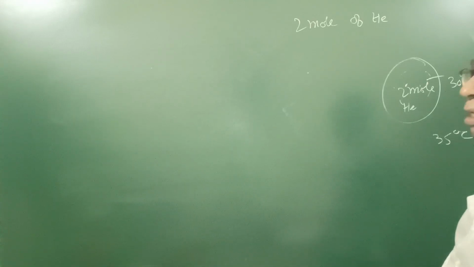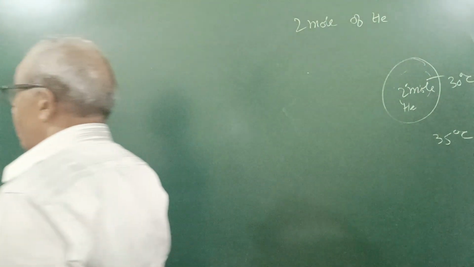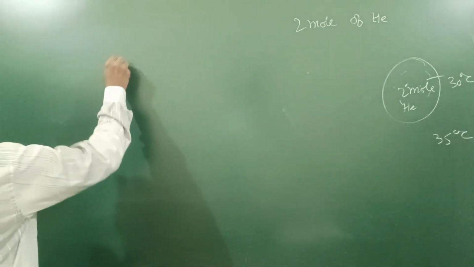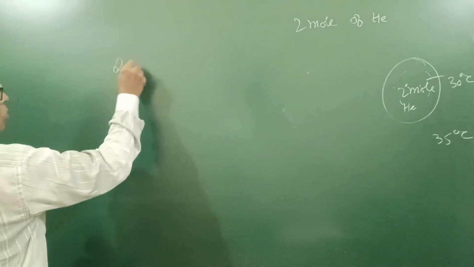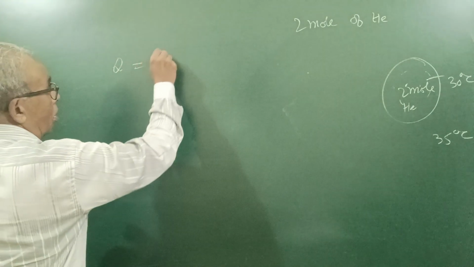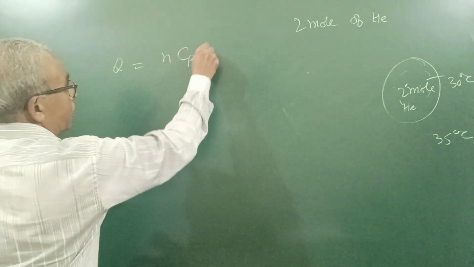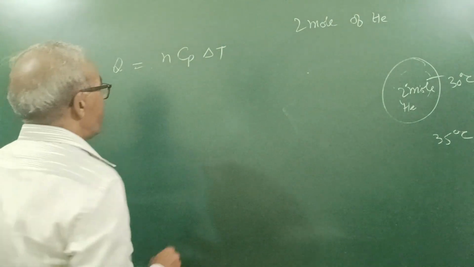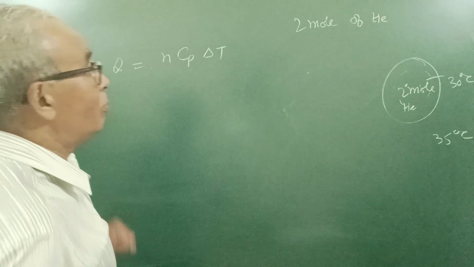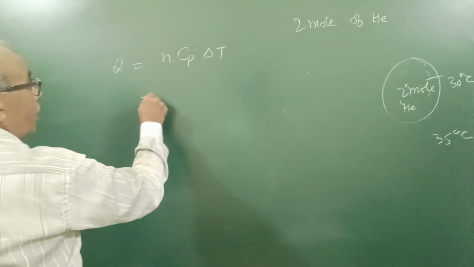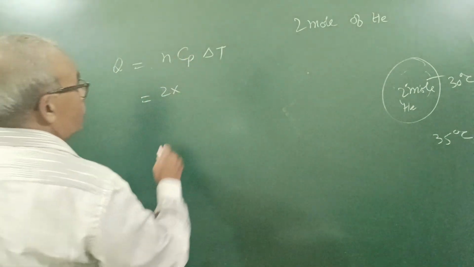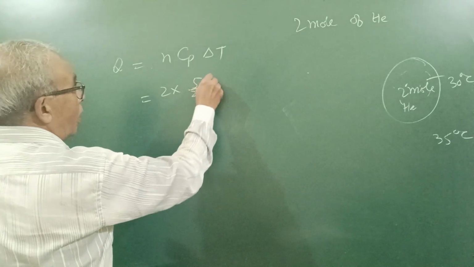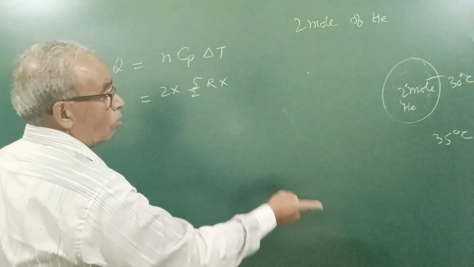Because the balloon is in air, it will be expanding at constant pressure. So the heat required, delta Q, is equal to N Cp delta T. For helium, which is monoatomic, N is 2 moles and Cp is 5/2 R, delta T only 5 degrees.